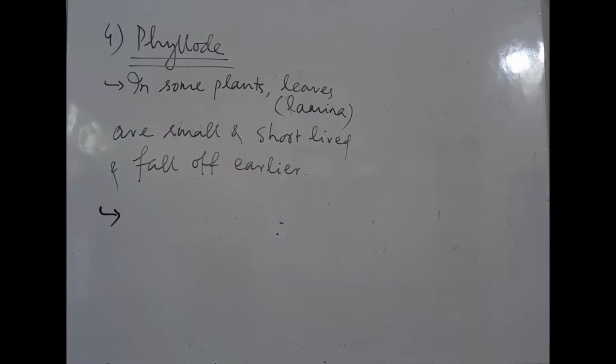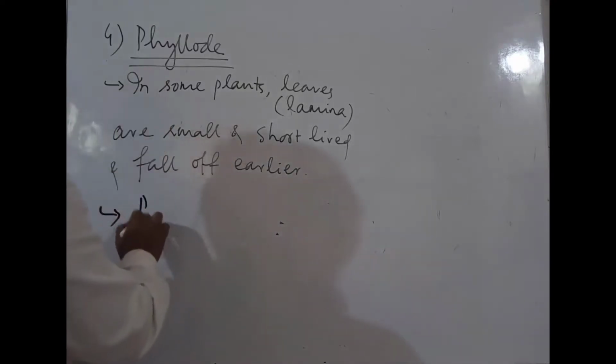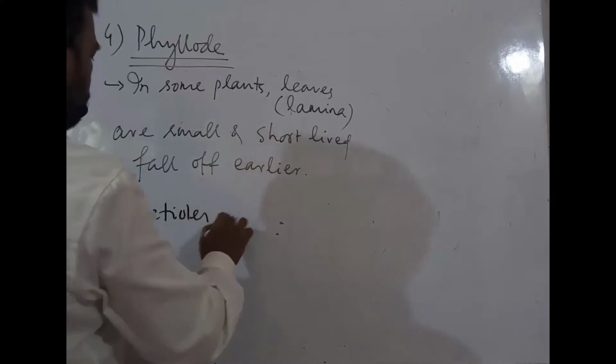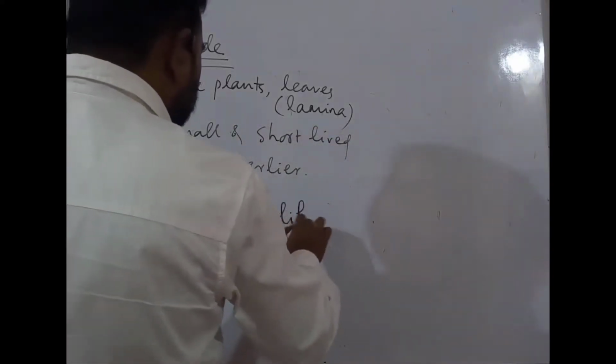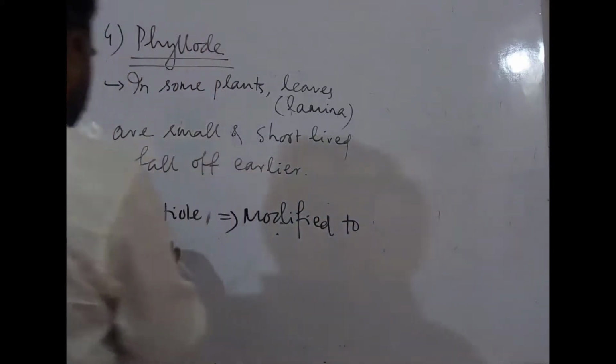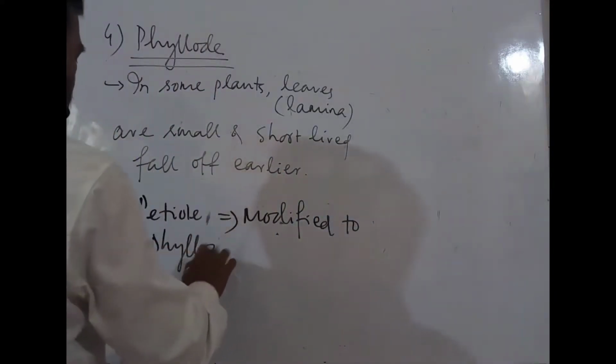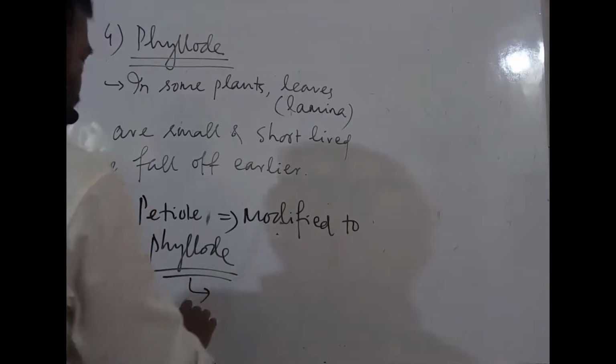So here the petiole is modified to an expanded green and photosynthetic structure, that is called phyllodes. So the petiole is modified to phyllodes. And what is this phyllodes?